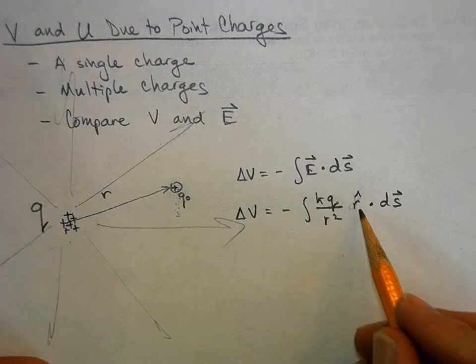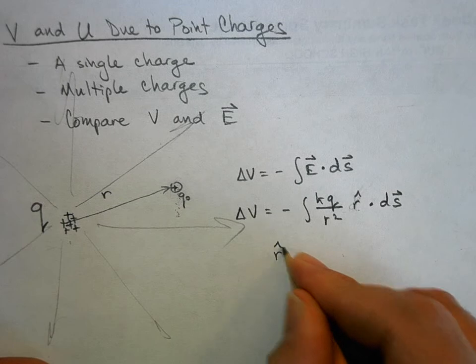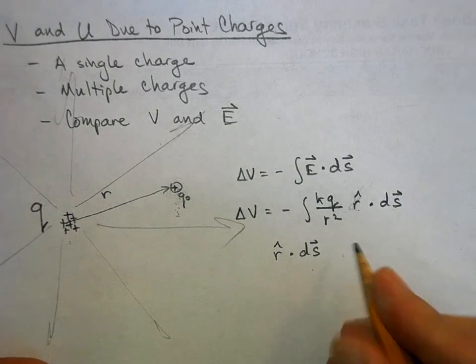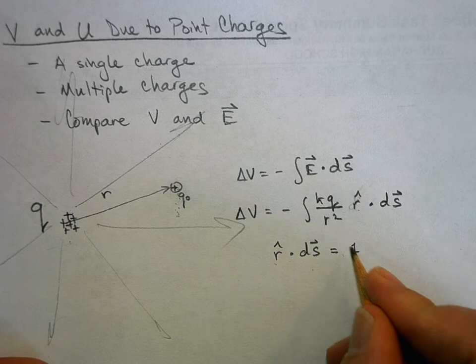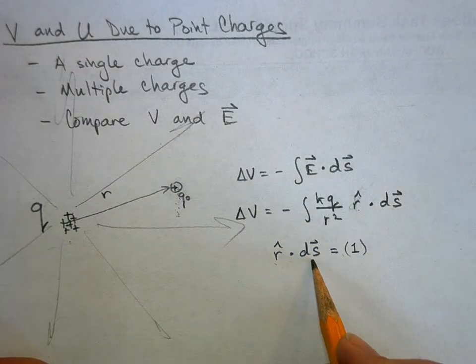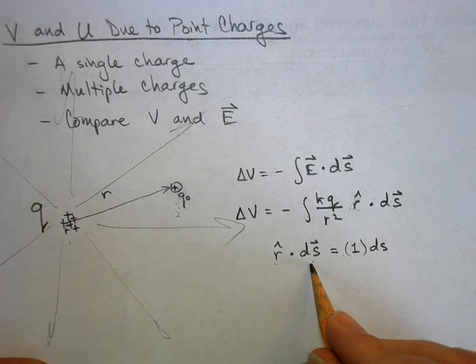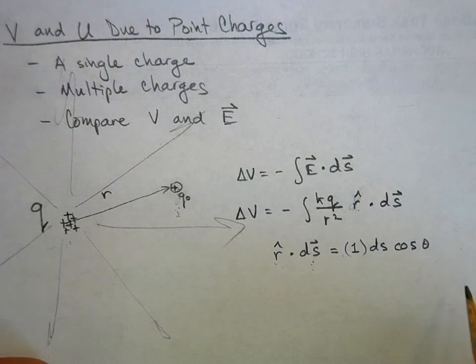And of course, r hat dot ds is, let's do this a little more formally. This is a dot product, right? So it's the magnitude of this, which is just 1, times the magnitude of this, which is just ds, times the cosine of the angle between them.